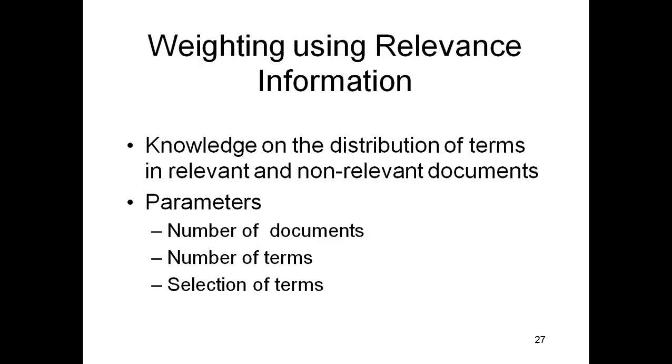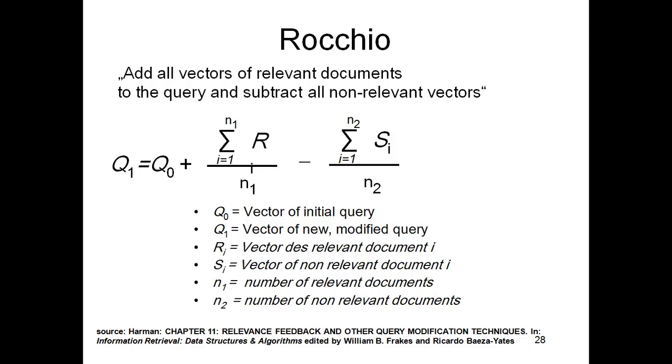What do I use for relevance feedback? Well, we've discussed that. How many documents do I check? How many terms do I check? Which terms do I select? And there are very simple models like the Rocchio formula that would say, my new query is the old query plus all terms from the relevant documents with their weights minus all those that are irrelevant.